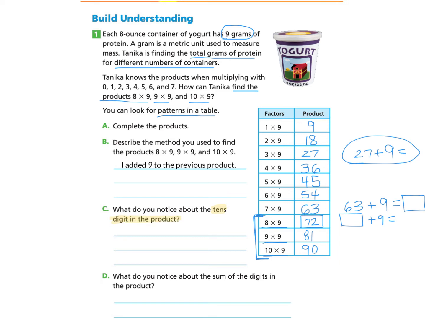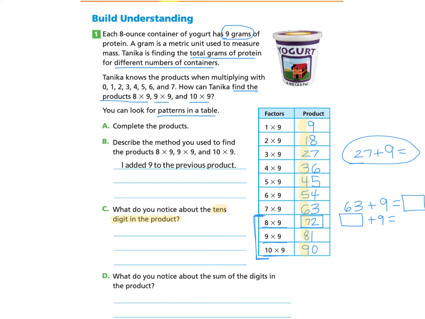All right, well, let's take a look at the tens digit. Here, we don't have a tens digit. It would be 0. Here we have 1, 2, 3, 4, 5, 6, 7, 8, and 9. Are you noticing any pattern? Let's take a look at the factor.